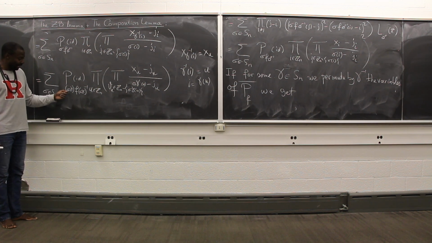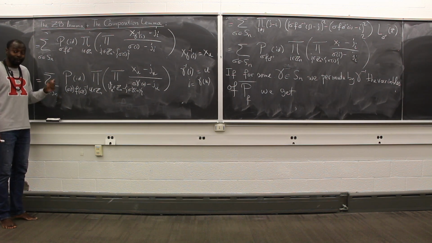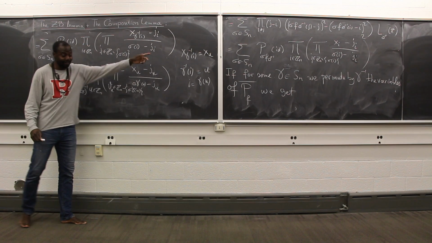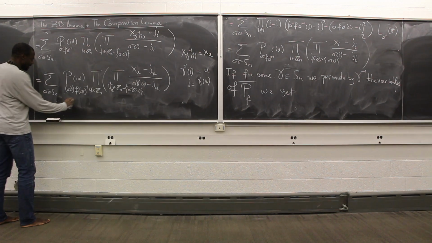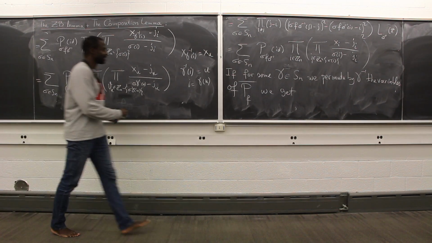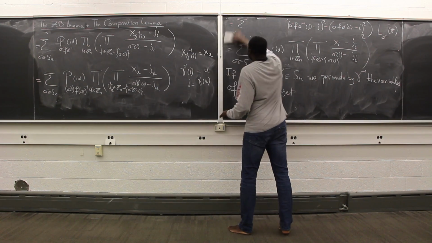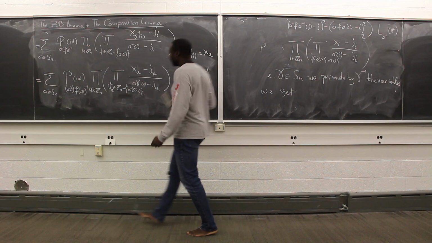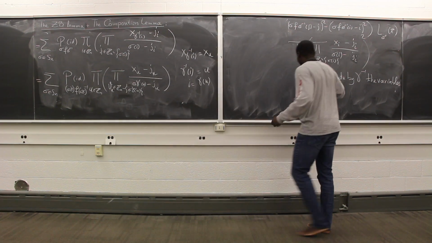If gamma is in the automorphism group of the polynomial, if gamma is in the automorphism group of this undirected graph, then, so let me write that here. When gamma is in the automorphism group, gamma does not change your function.